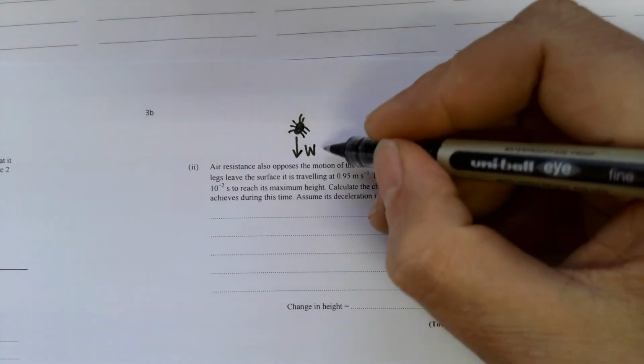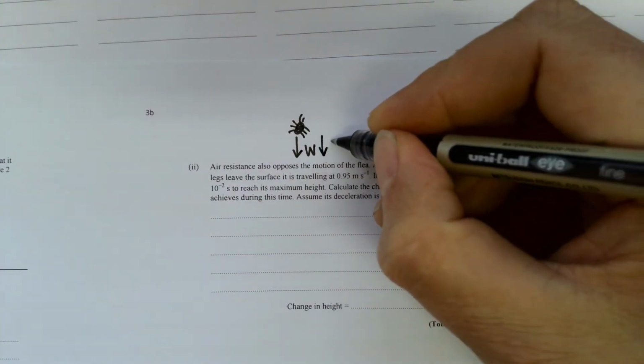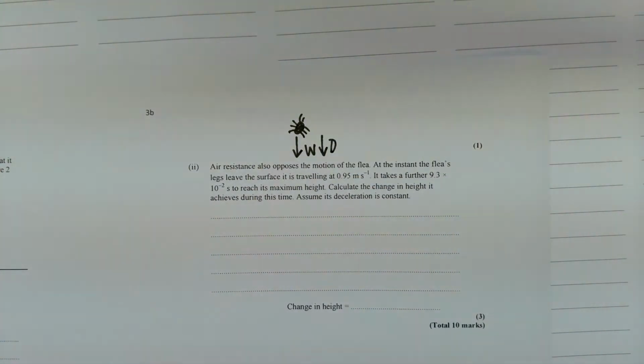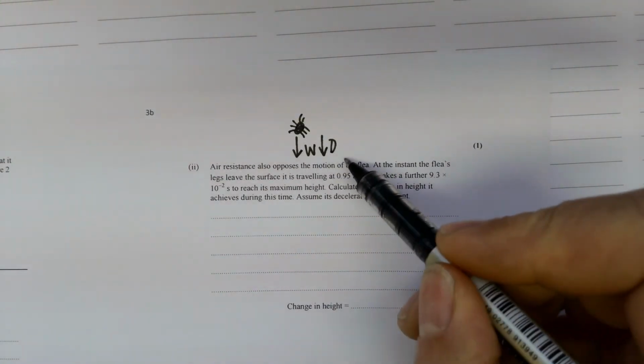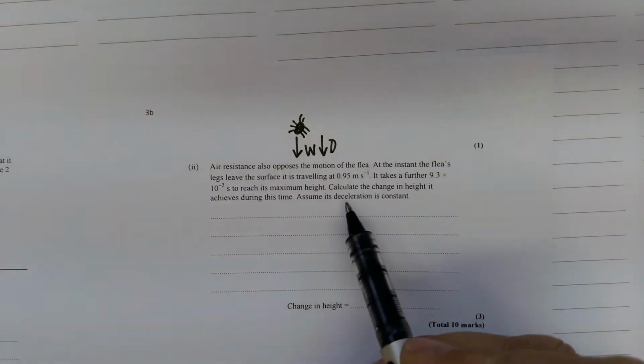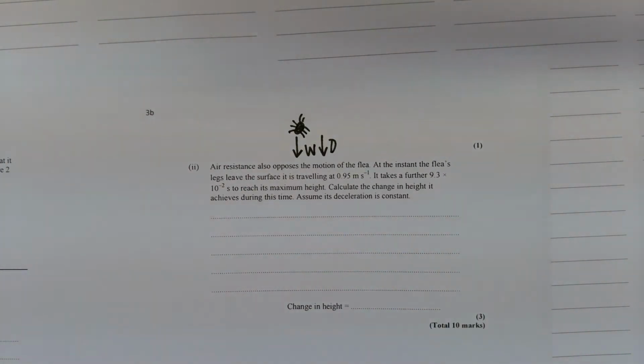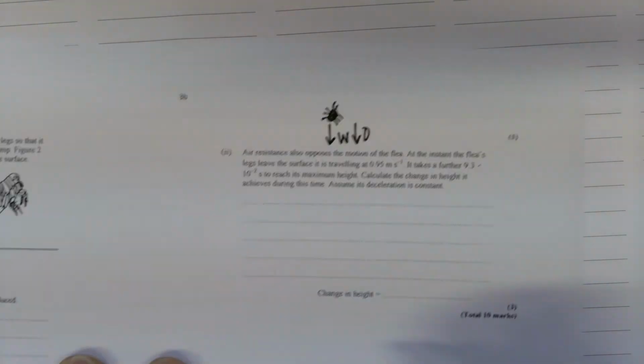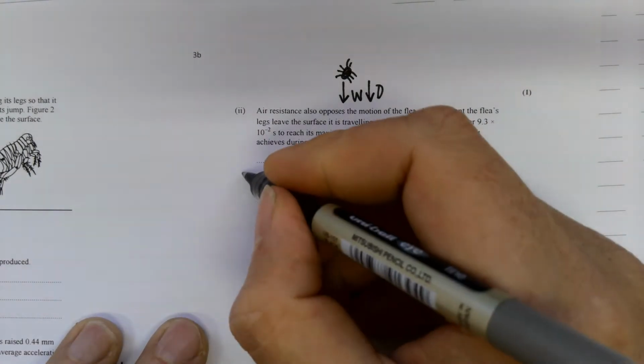But we've also got air resistance or drag acting on it. So both of those forces acting downwards would mean that the acceleration is different from minus 9.81. But they have told us it's constant. So what they're telling us is that we can use SUVAT equations, but we can't assume that the acceleration is minus 9.81.